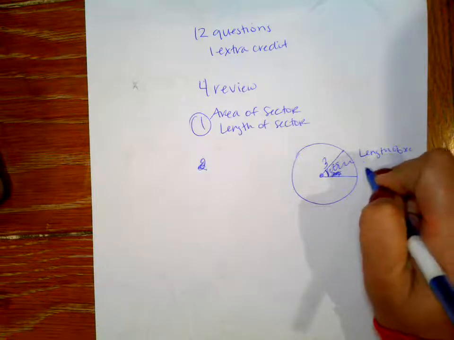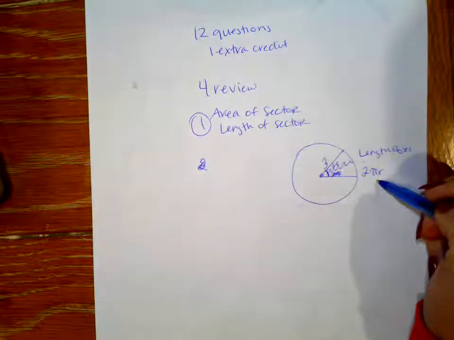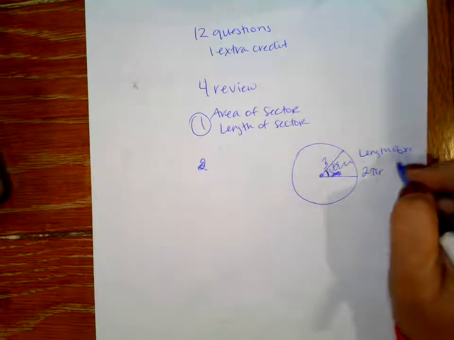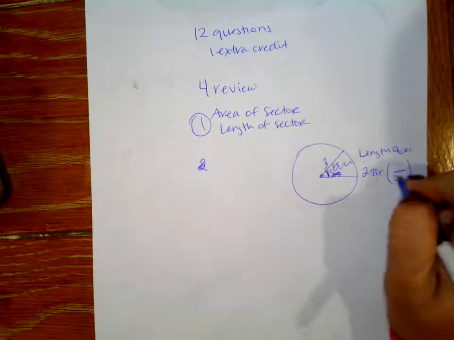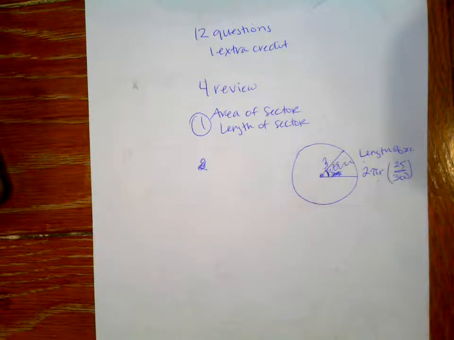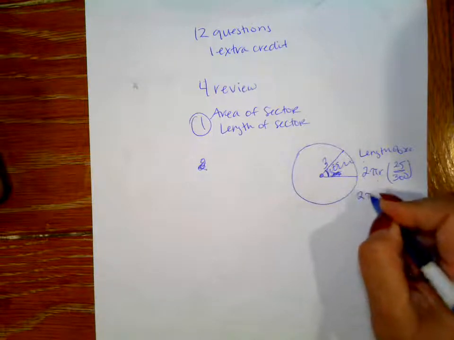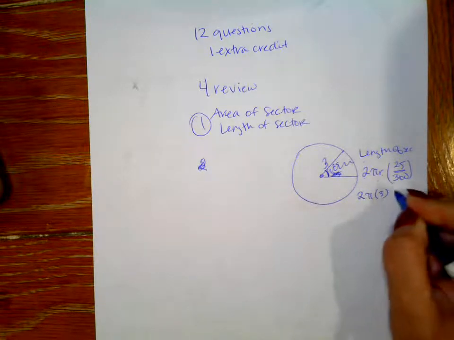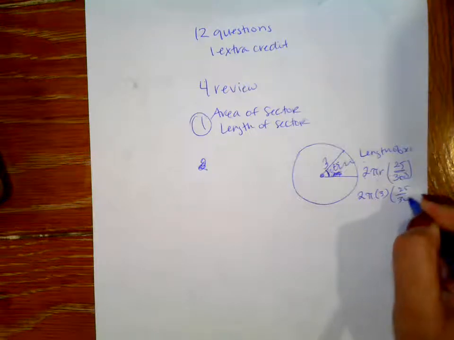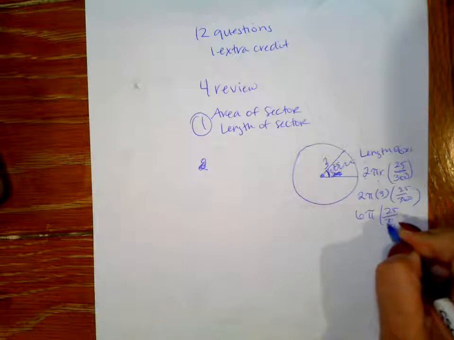It's 2 pi r. You're looking for circumference. So you have this, and it's going to be times whatever sector you're given. In this case, it's 25. So you got 2 times pi times 3 times 25 over 360. That gets me 6 pi times 25 over 360.